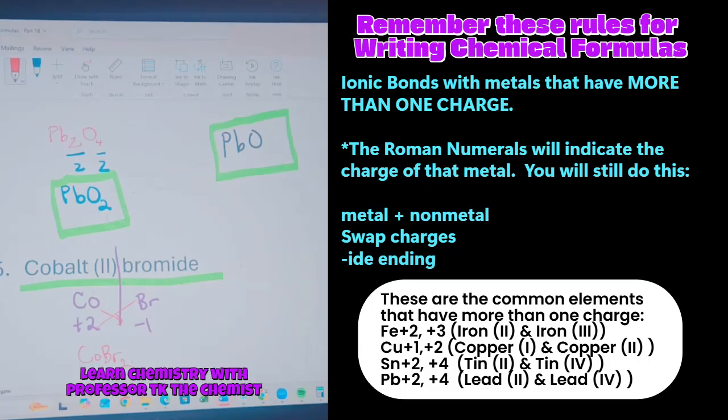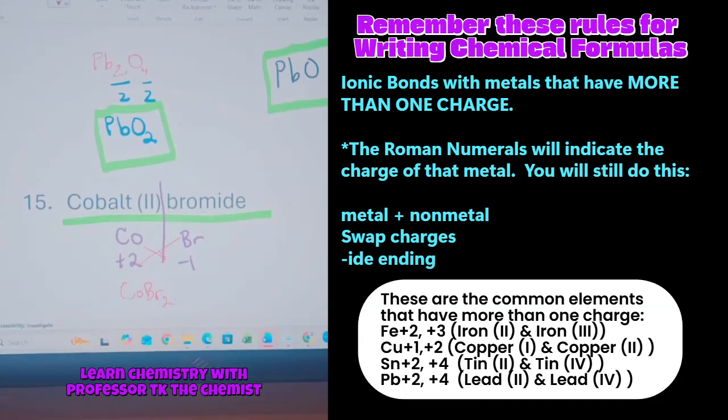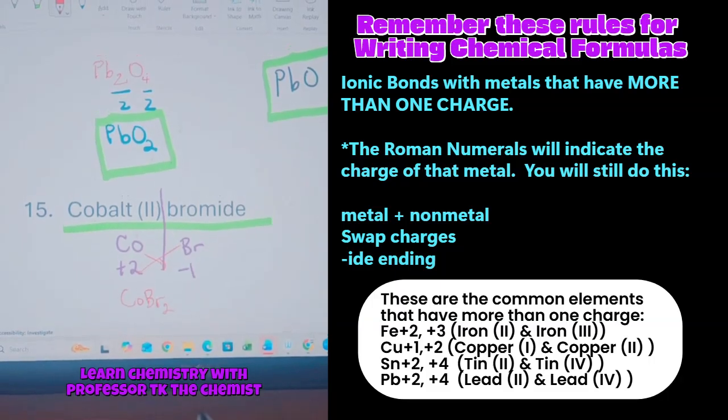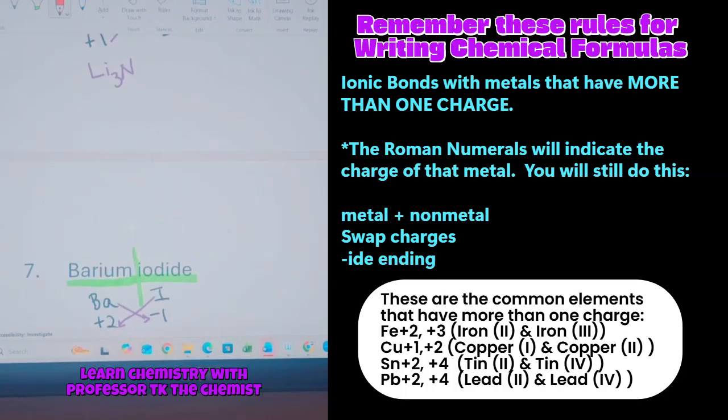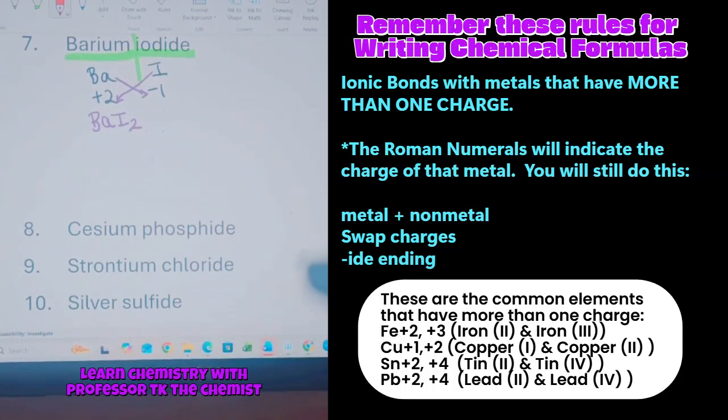Now, you have to remember how to write the formula out, though, okay? Whenever there's a Roman numeral, you have to make that the charge. Previously up here, I did not have Roman numerals. See, in none of these formulas did we have Roman numerals. But you have to look at your periodic table to find those charges.